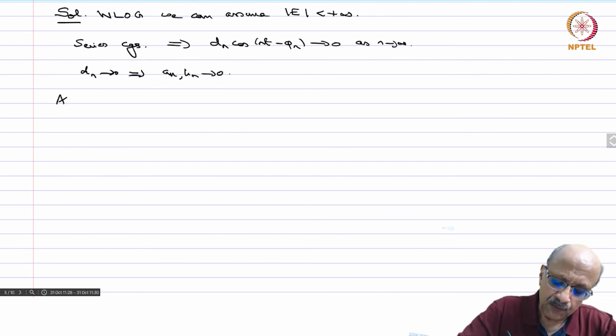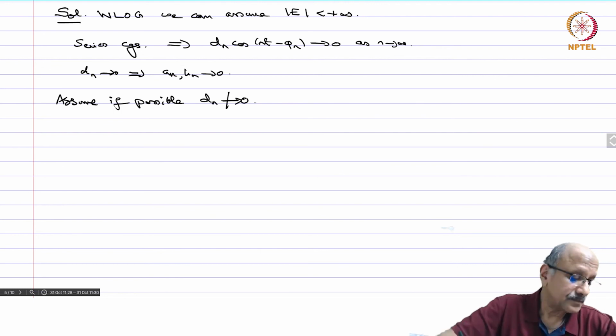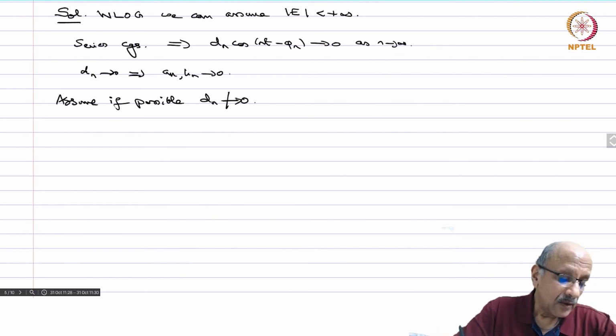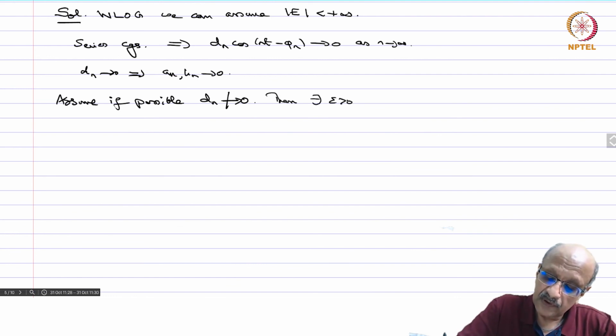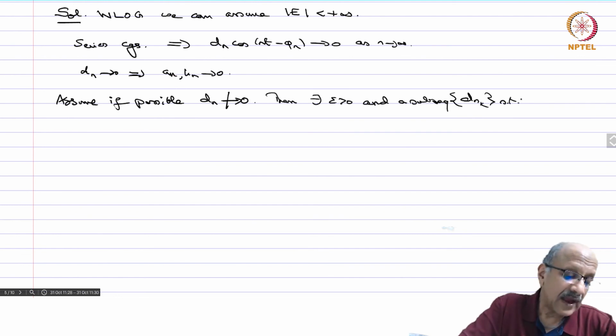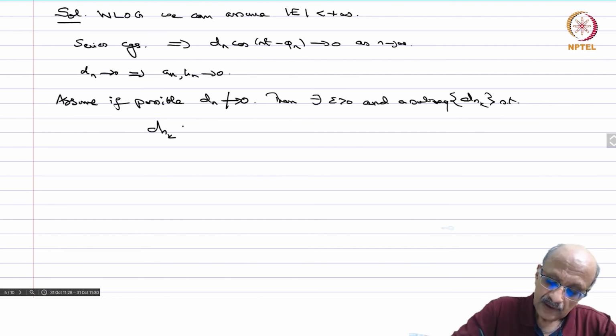So assume, if possible, dn does not go to 0. Then there exists an epsilon positive and a subsequence dnk such that dnk is greater or equal to epsilon, which is strictly positive.